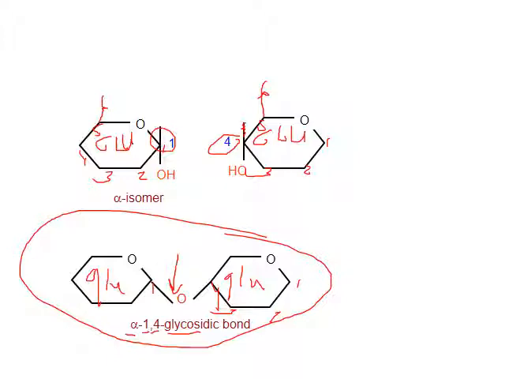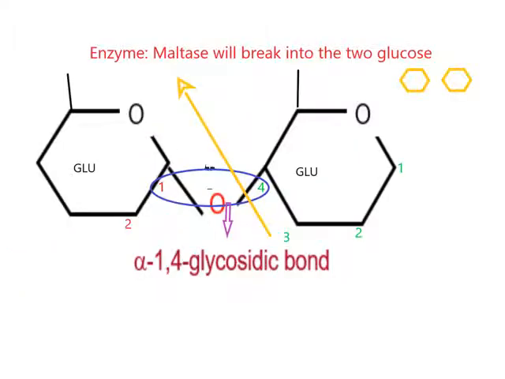Maltose has 2 glucoses. The oxygen points down, alpha 1,4 glycosidic bond. All right, and here's another diagram of it. 1, 2, 3, 4 combines with 1. The bond points down, so it's alpha 1,4 glycosidic bond.